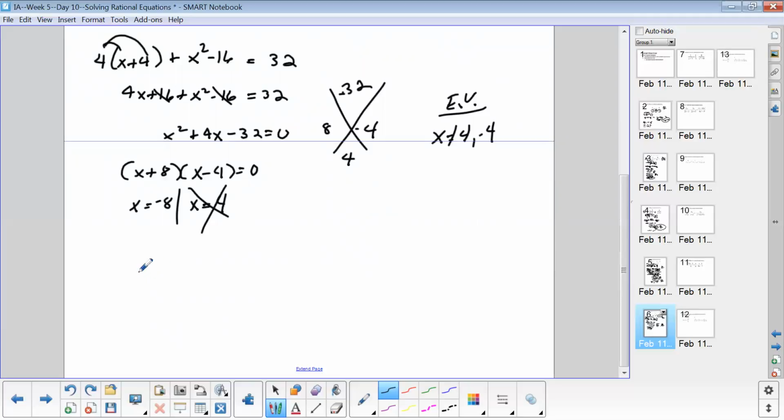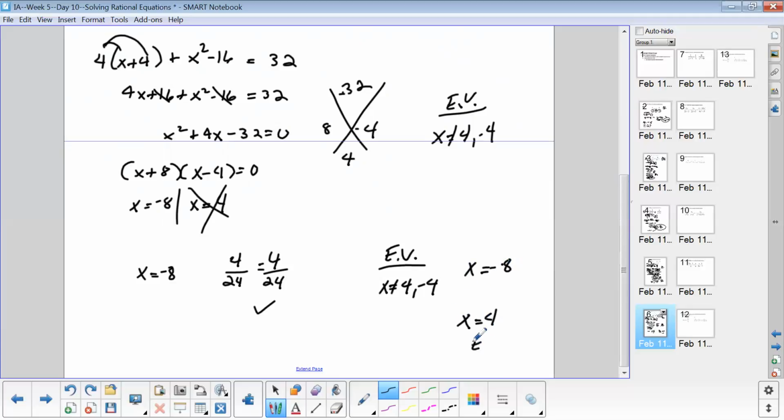And x equals negative 8 does work. If you substitute negative 8 back into the equation, you get 4/24 is equal to 4/24. That checks. So final result, excluded values, x cannot be 4 or negative 4, and x is negative 8. And x equals 4 would be an extraneous solution.